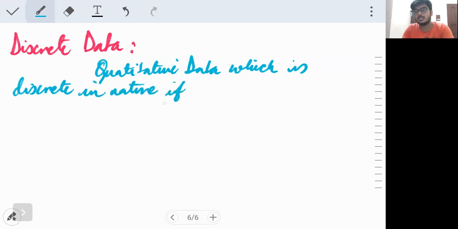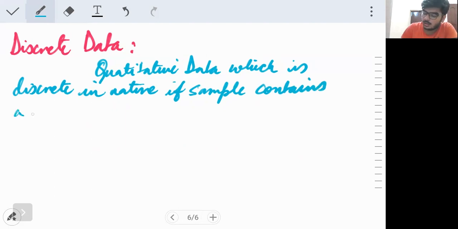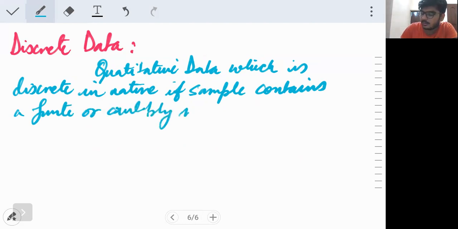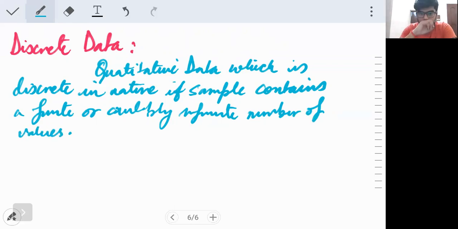The condition for this is that the sample contains a finite or countably infinite number of values. Let's recall, the set of elements are countably infinite if the elements in the set can be put in one-to-one correspondence with the positive integers.